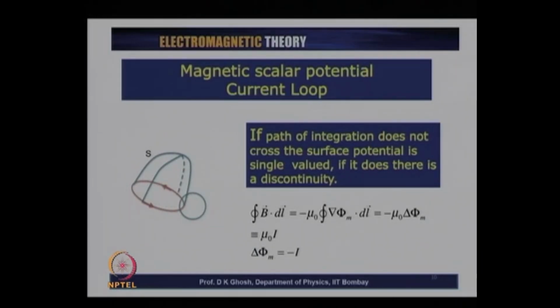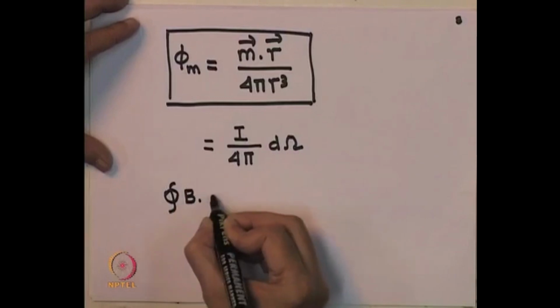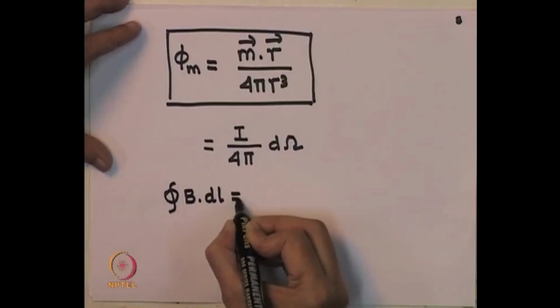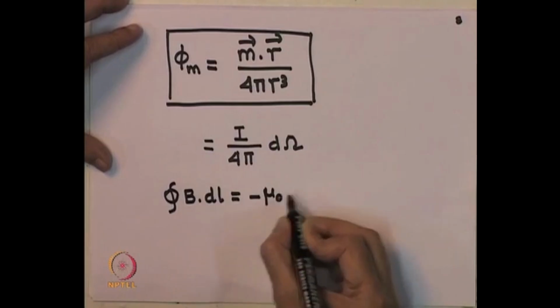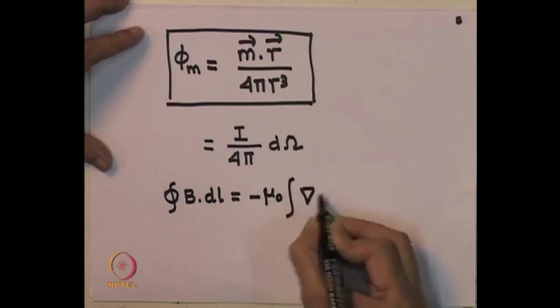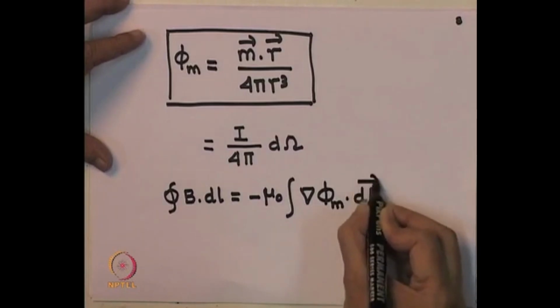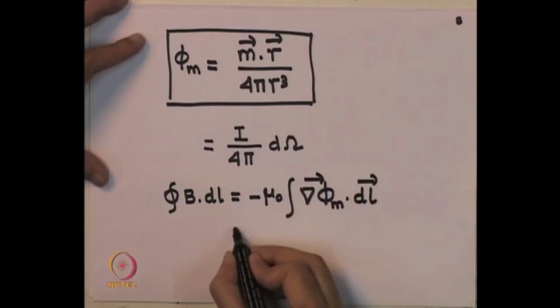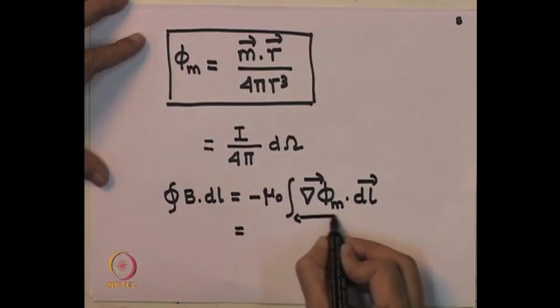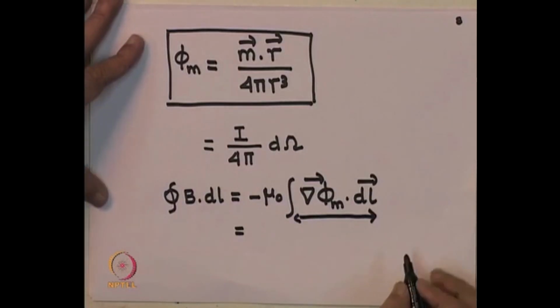Now, this will enable me to write down what will happen to the potential. Notice integral B dot dl, let us do it on the paper. Integral B dot dl is equal to minus mu 0 del phi m dot dl. And by the fundamental theorem of calculus, this quantity here is nothing but the change in the potential.